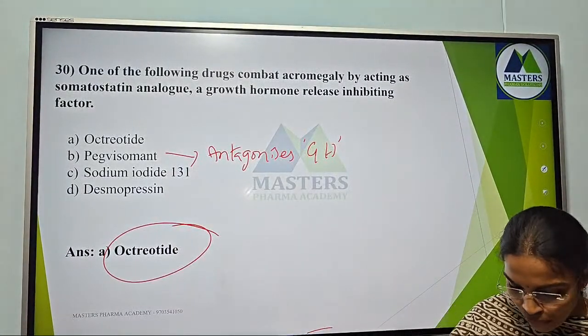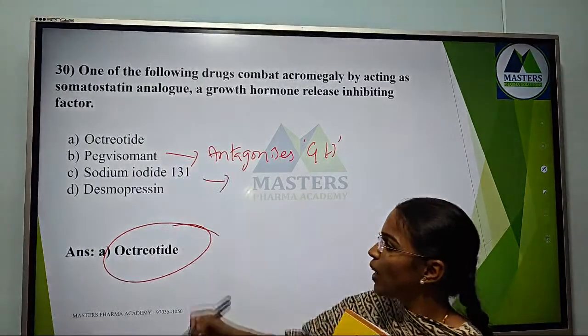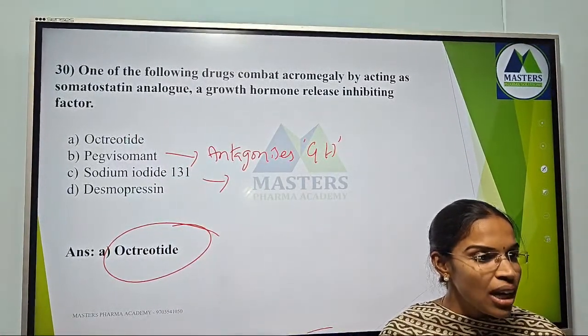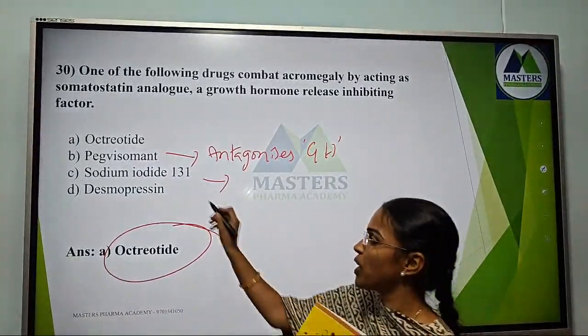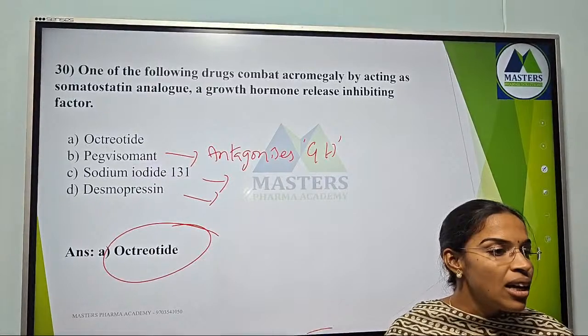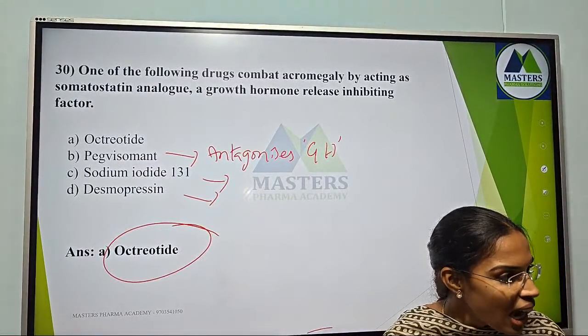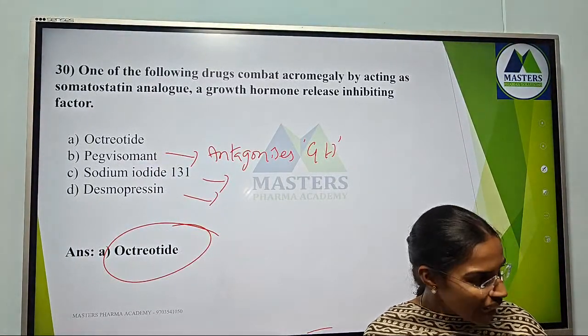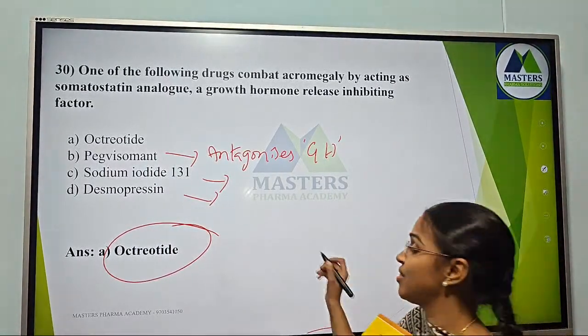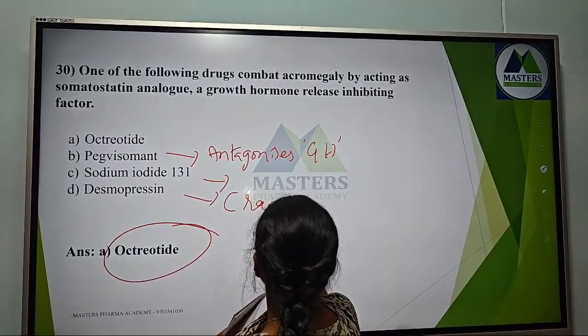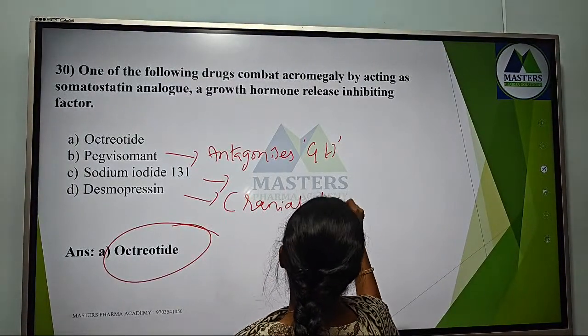Sodium iodide 131 is used in the treatment of hyperthyroidism. And desmopressin is the anti-diuretic hormone. It is used in the treatment of cranial diabetes.